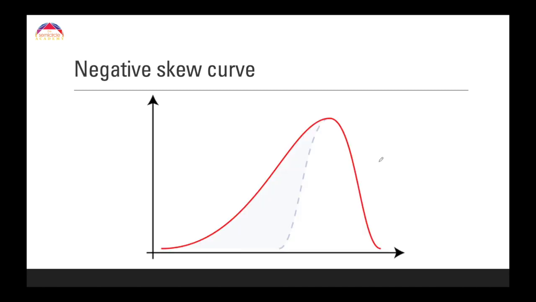Now, of course, with a negative skew curve, what can you say about this class? Look at where the highest frequency is. This is the highest frequency, so the most students are here. And where is this falling? This is falling up here. This is where my marks are. So my marks will be from 0 to 100 in this case.